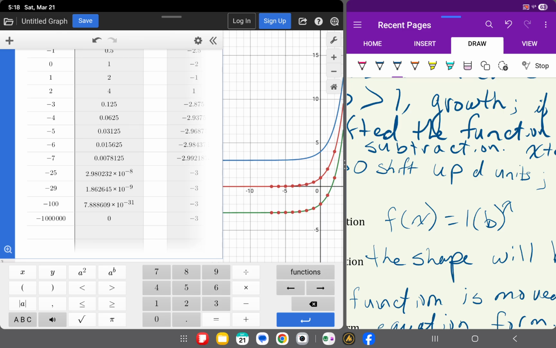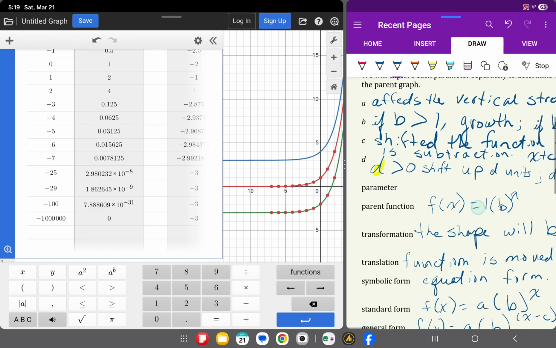When it's reflected, it does affect the range. It does not affect the asymptote. It does affect the y-intercept, and it does affect the range. But otherwise, it does not affect much. There are some changes to the end behaviors, but the domain remains the same. Our asymptote remains the same.